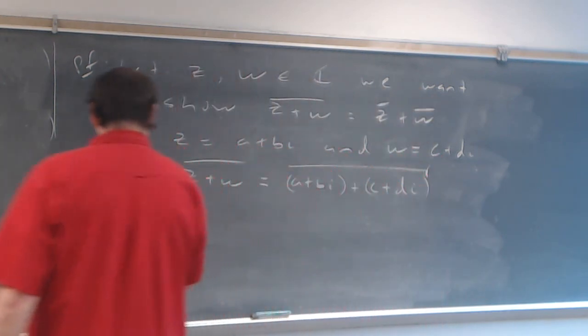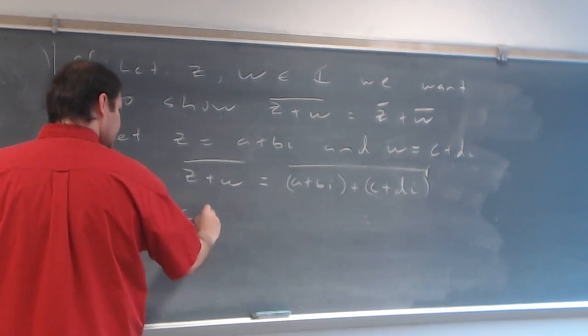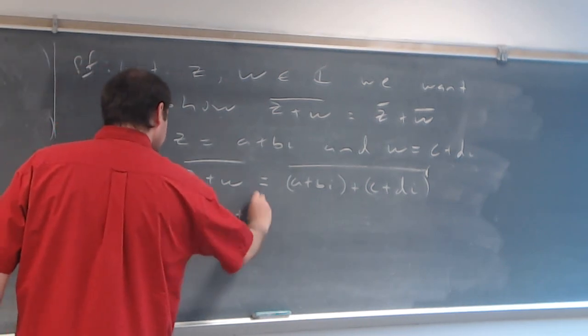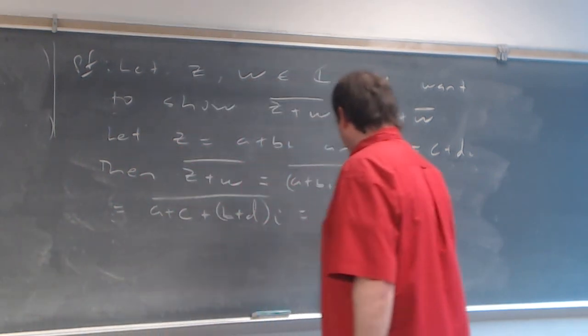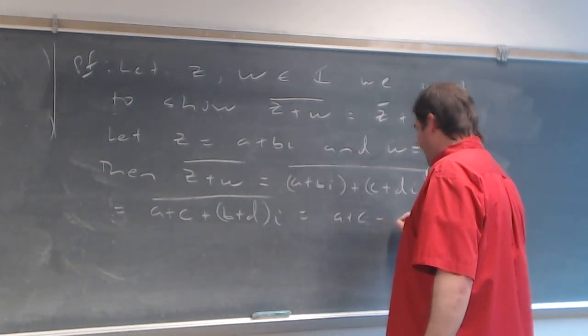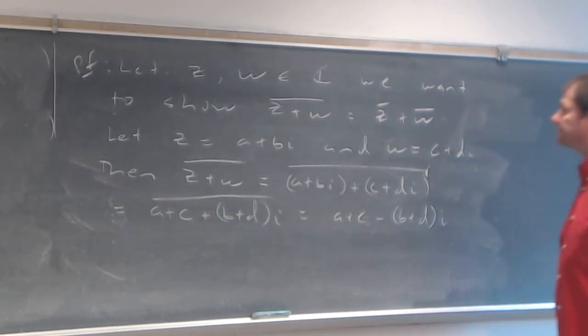So we do the addition first. And then that's going to be A plus C plus B plus D, I. We want to conjugate that. And that's going to be equal to A plus C minus B plus D times I. That's the conjugate.